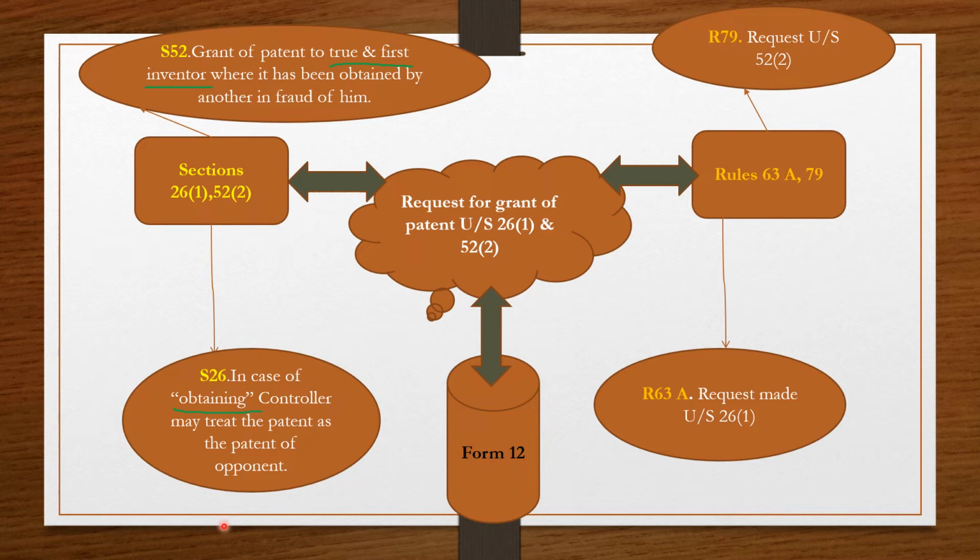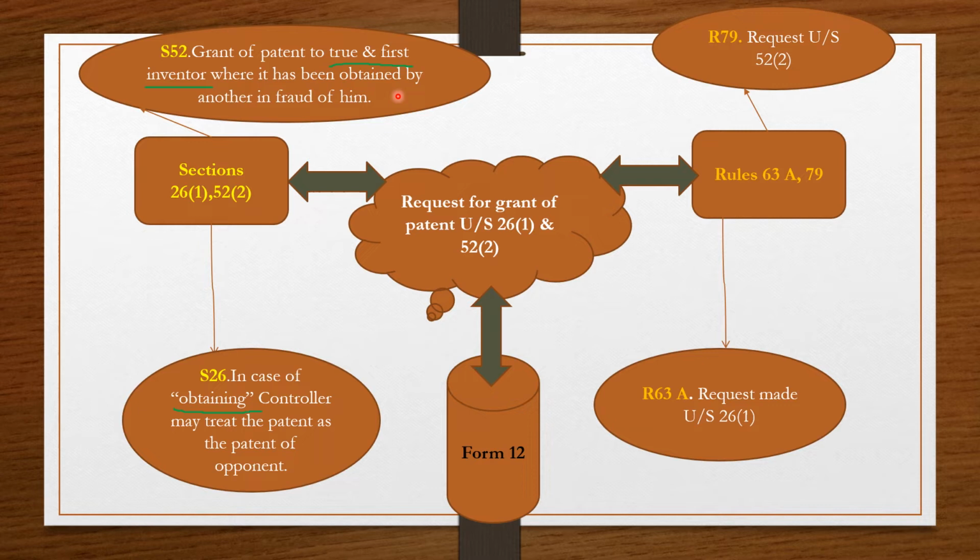Okay, that means here if the true and first inventor is cheated by someone, we can say actually he or she is the deserving candidate for getting the grant of the patent.